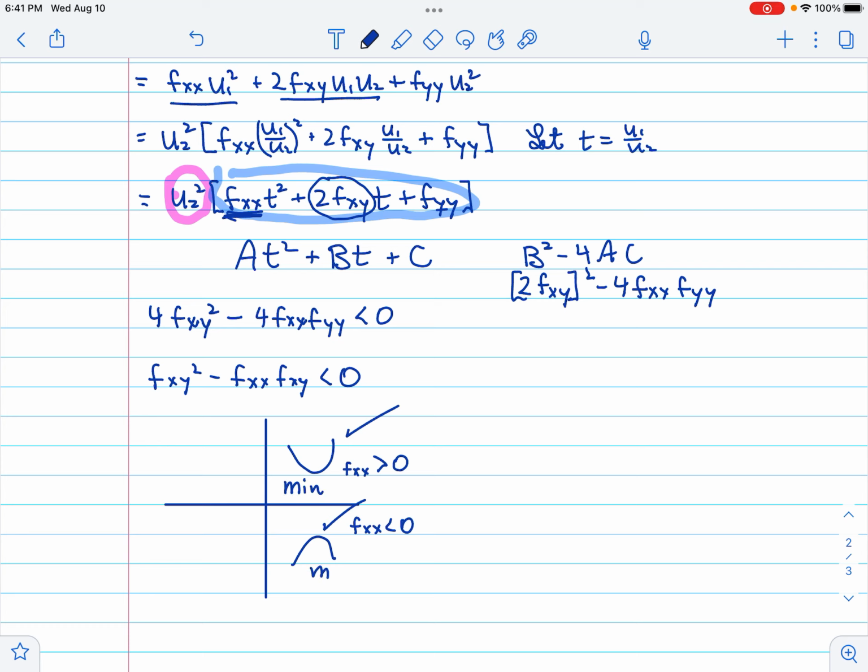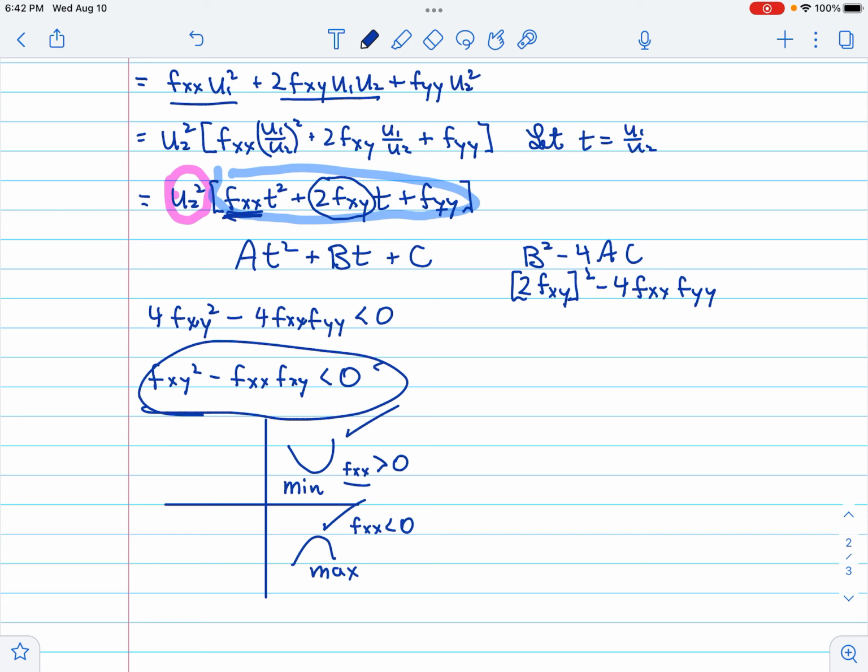This indicates a maximum. See? In other words, we're saying, hey, if this situation exists and fxx is greater than 0, that indicates that the second derivative is positive, which indicates you've got yourself a minimum. Likewise, if fxx is less than 0 and this situation exists, you've got yourself a maximum.